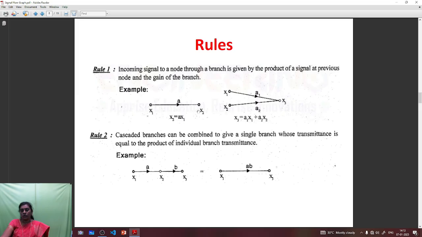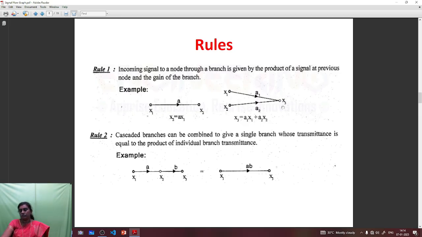So at node x2, the output can be represented as the signal at the previous node, x1, multiplied with the gain of the branch. Here the gain of the branch is a. So x2 is equal to the product of gain with the signal at the previous node. So x2 is equal to a into x1.